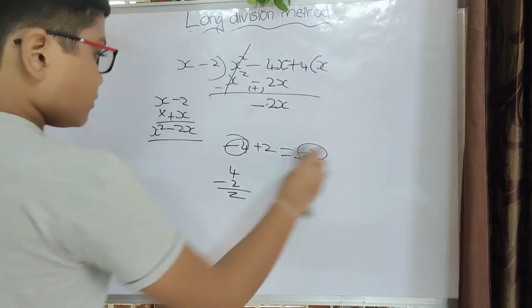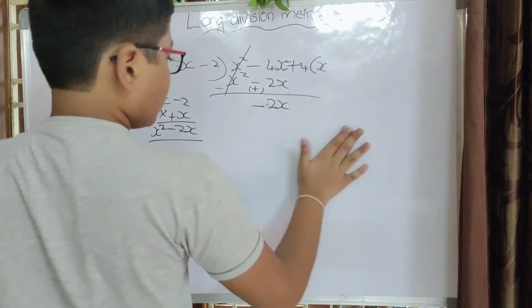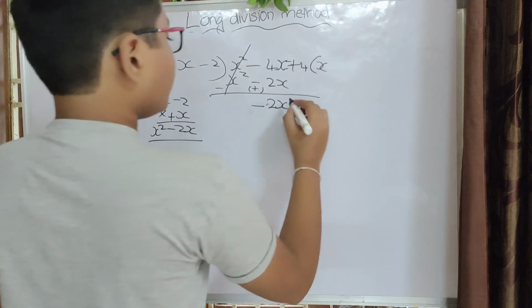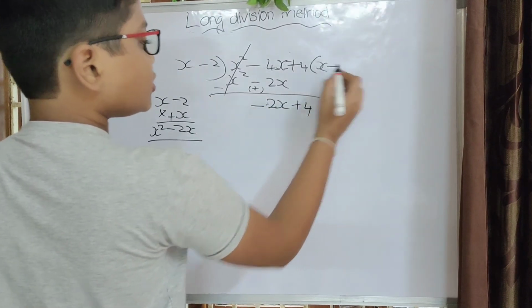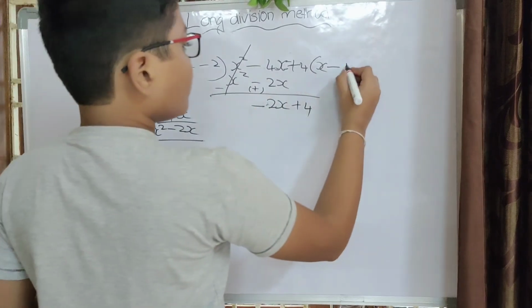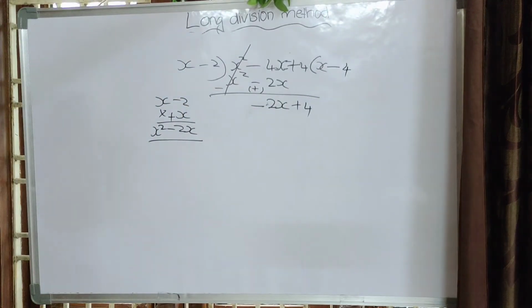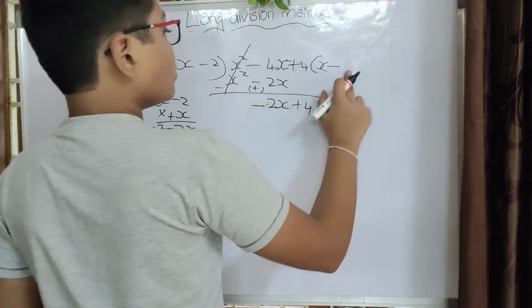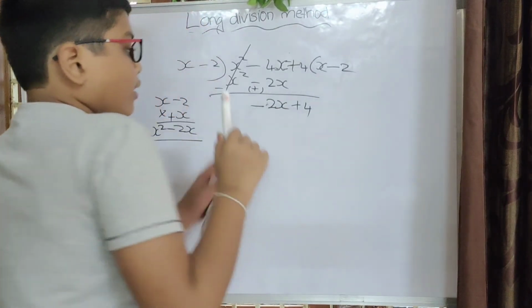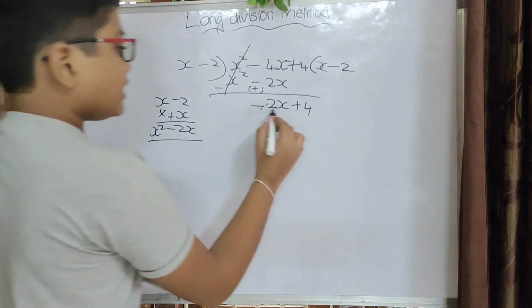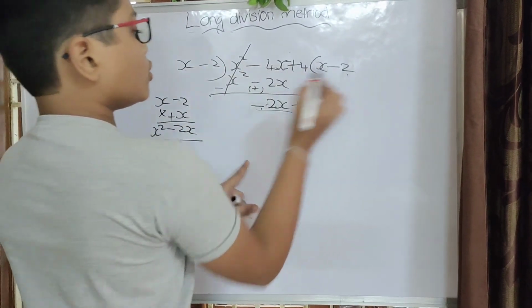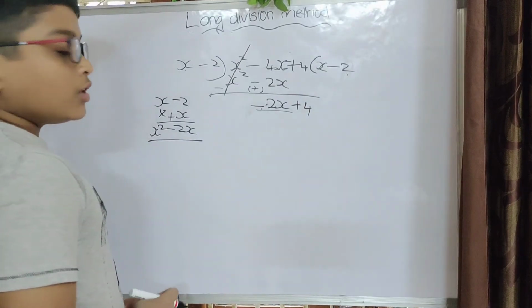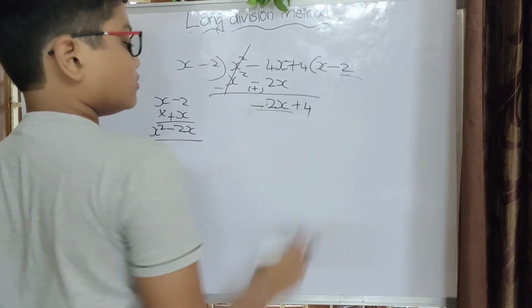Now this plus 4 will come here, and minus is there, so here also minus. Here we have to write 2, because to cancel this one we have to write 2. X into 2 is 2x.